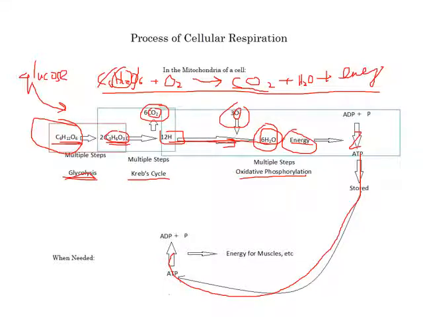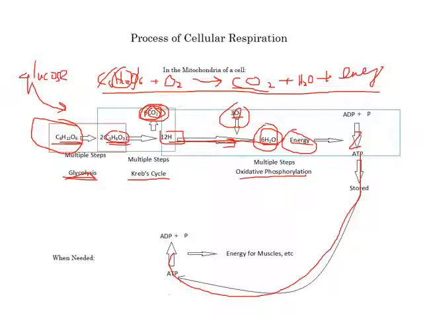So the glucose that you have eaten is where the oxygen in the carbon dioxide comes from. The oxygen that you breathe actually becomes part of the water that's given off. Where's that water? It's like sweat and other things.